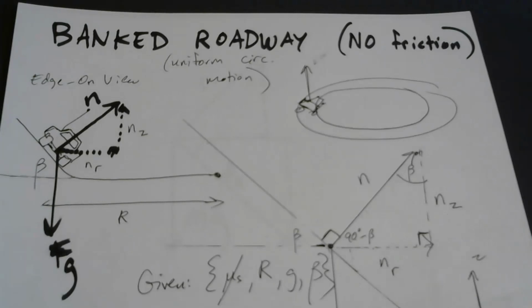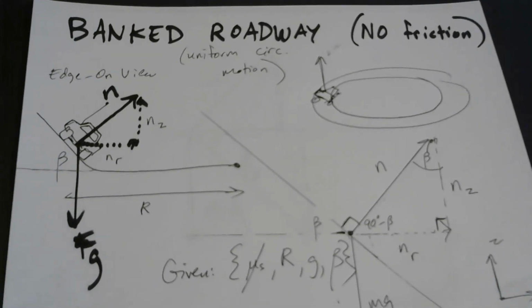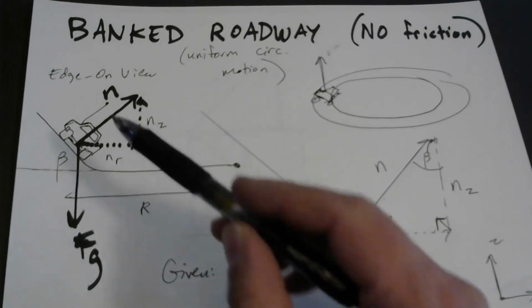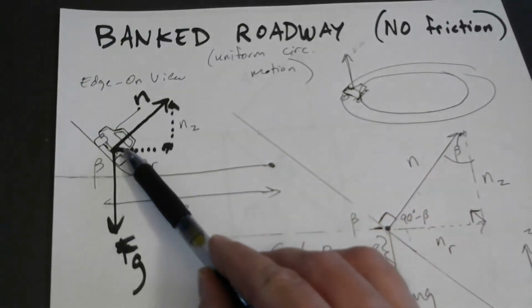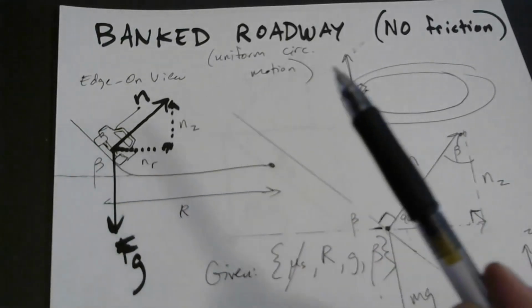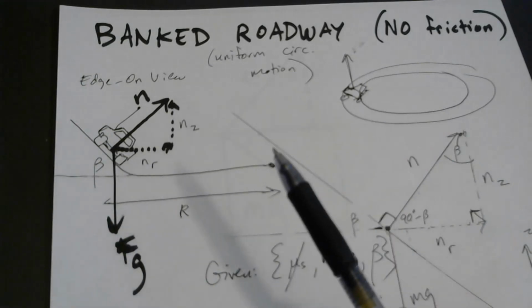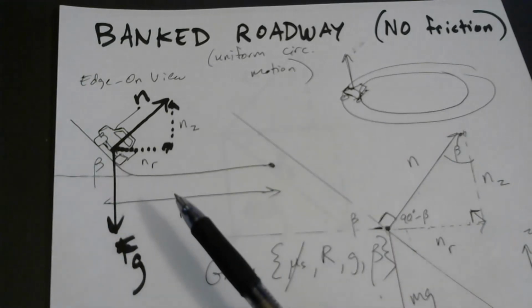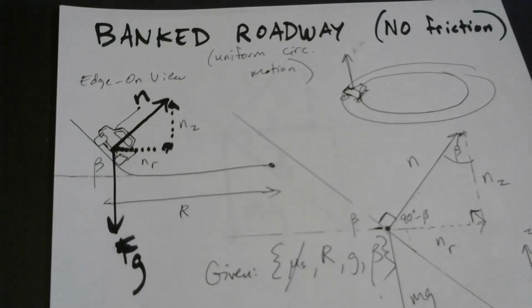So the first thing we have to sort out before drawing the modified free body diagram is which direction does the friction point? And what type of friction is it? Well, if you're in this vehicle executing your circle at just the right speed, so that you don't slide down the embankment or up the embankment, what would tend to happen if you hit the gas and went faster?